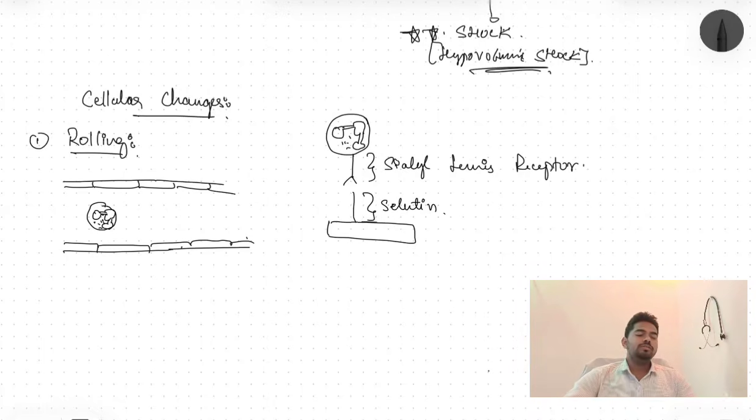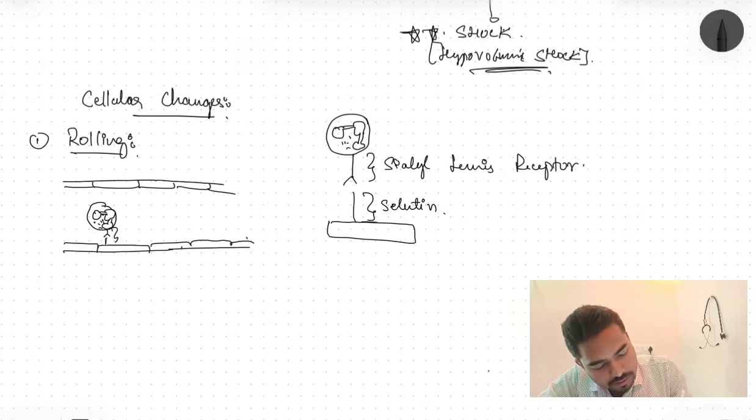So, selectin protein and sialyl-Lewis receptor. What happens, guys? This sialyl-Lewis receptor and the protein on the endothelium will form a bond when there is inflammation or when the body is exposed to any pathogen.